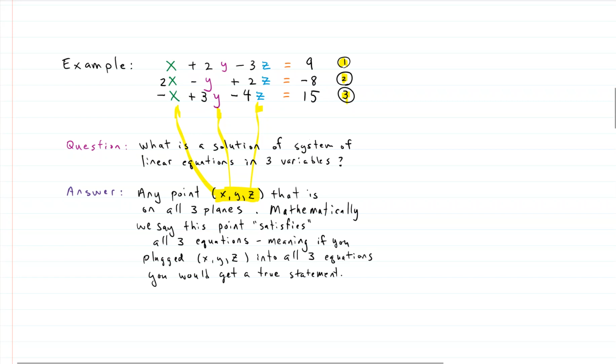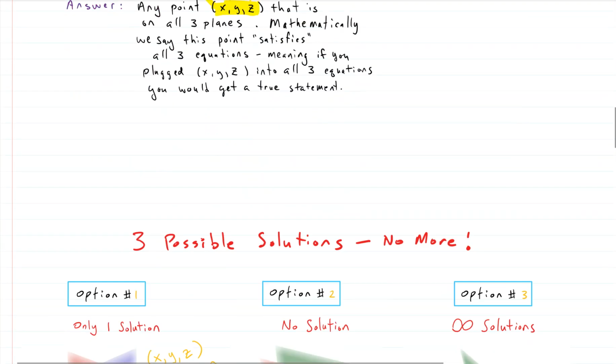And then you repeat the process for the other two equations. And if all of them give you true statements once you plug in the x, y, and z, then you know that this point is on all three planes at the same time and is therefore a solution to the system of linear equations in three variables. So really, you're just plug and chugging there. It's nothing too crazy.